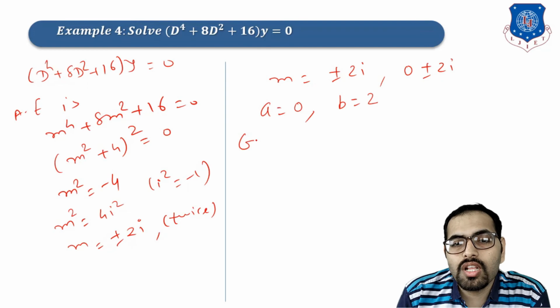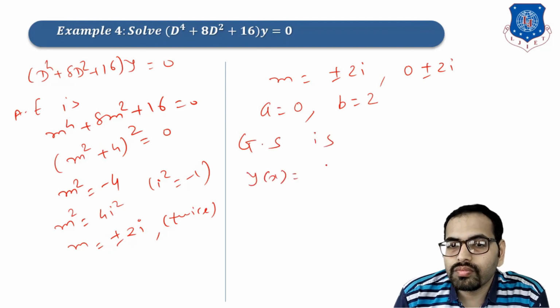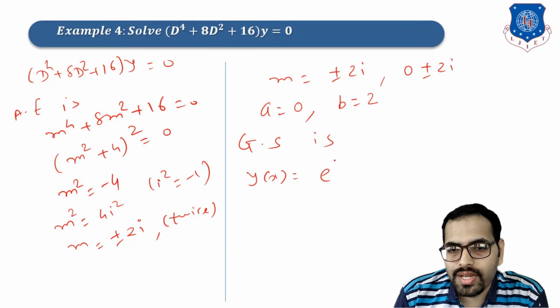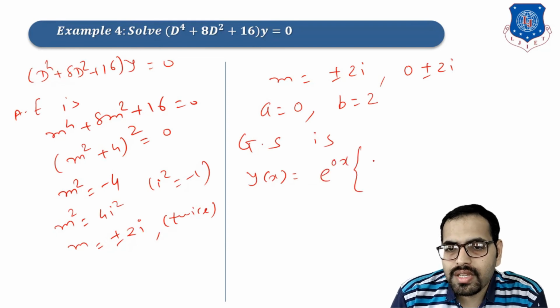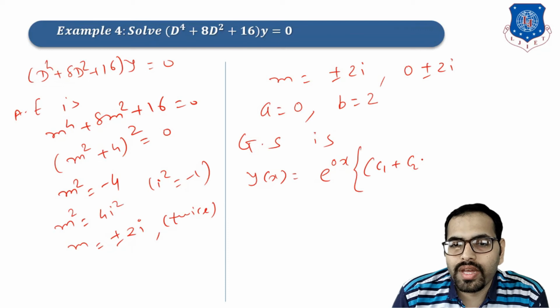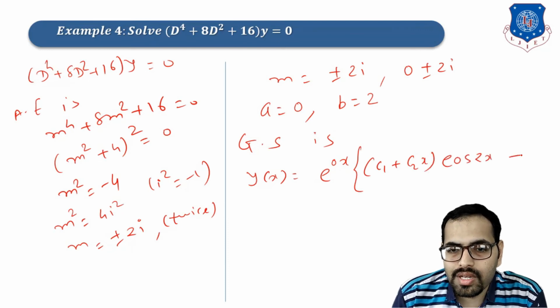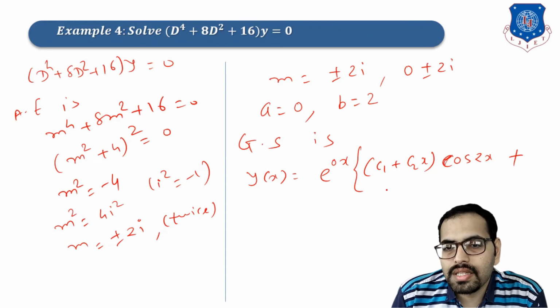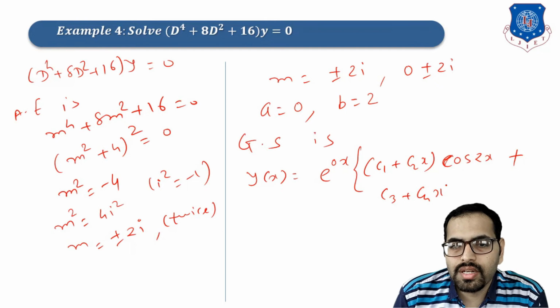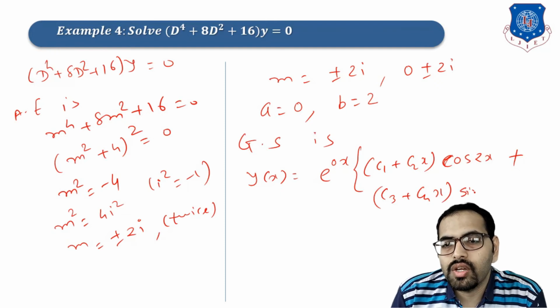Then our general solution is y of x equal to e raised to 0x, inside the brackets c1 plus c2x cos 2x plus c3 plus c4x sin 2x.